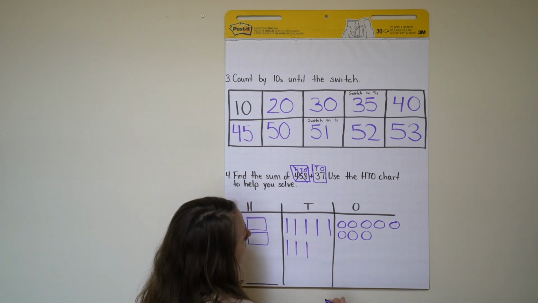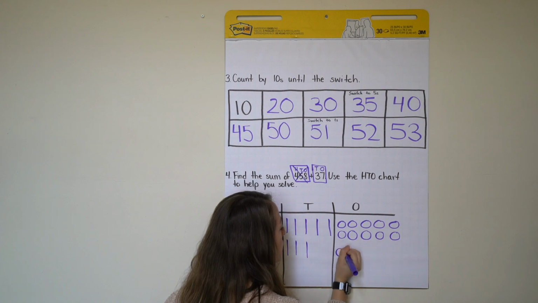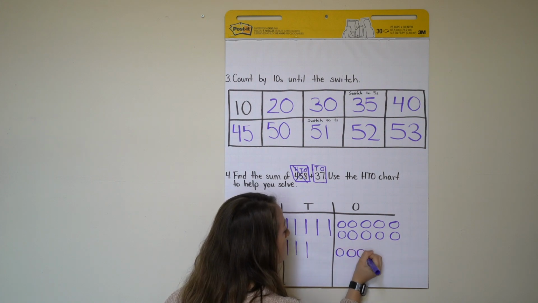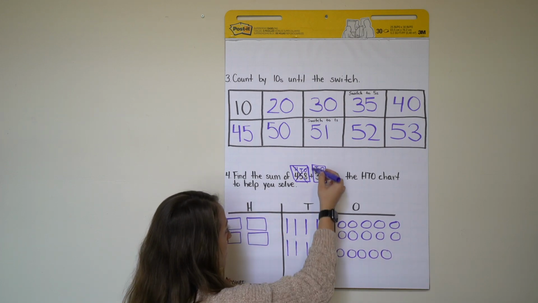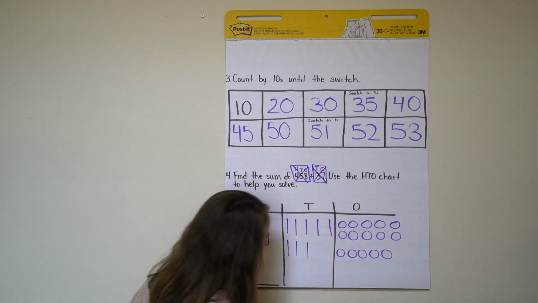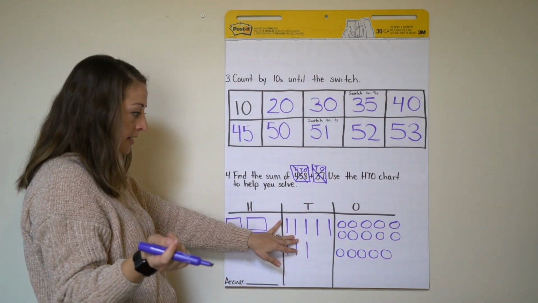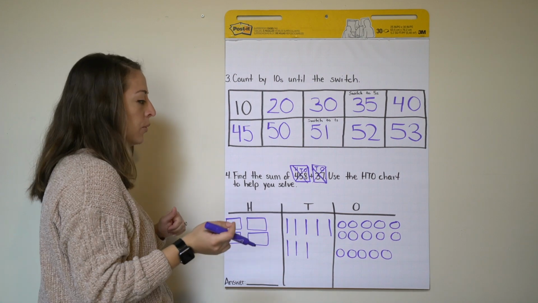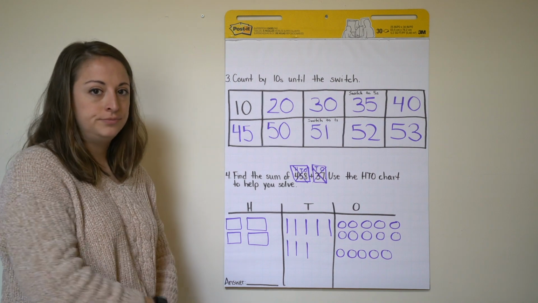I have 7 ones. 1, 2, 3, 4, 5, 6, 7. Okay. Now we're going to see if we can regroup anything. We can't regroup our tens because we don't have 10 tens, but I know we can regroup our ones into a 10 stick. So I want you to regroup your work now.